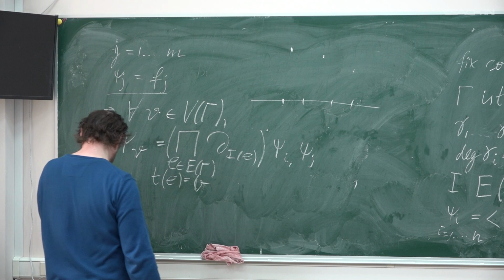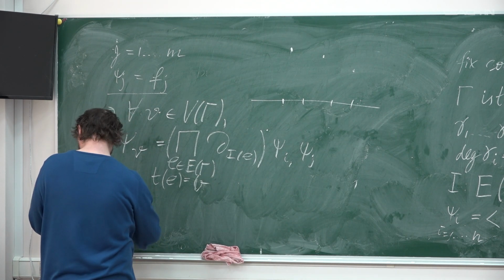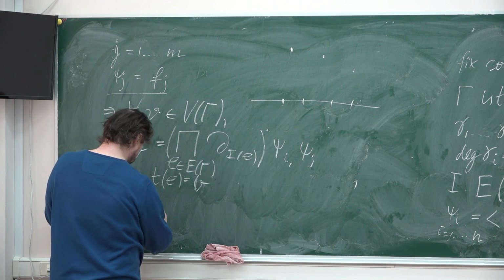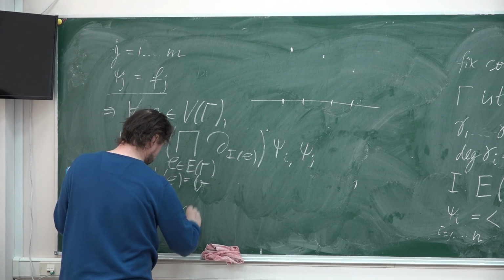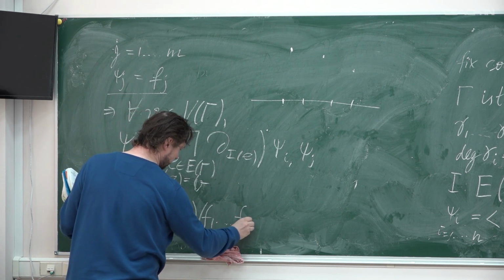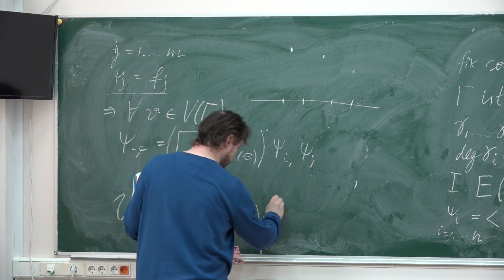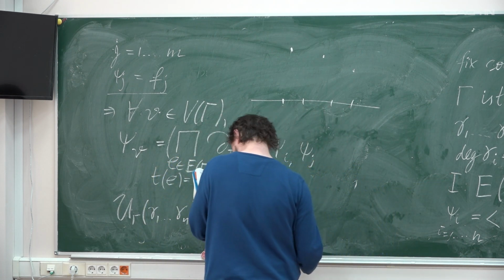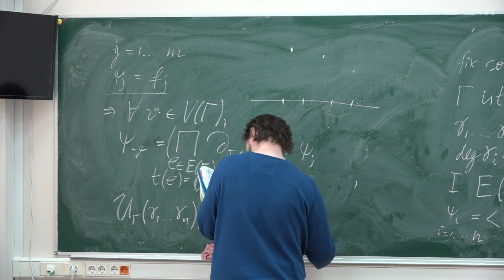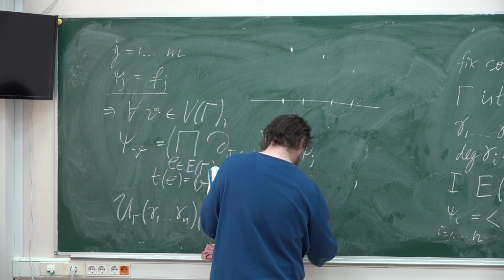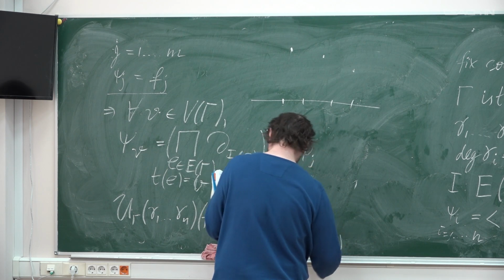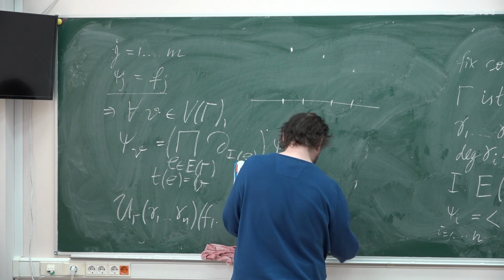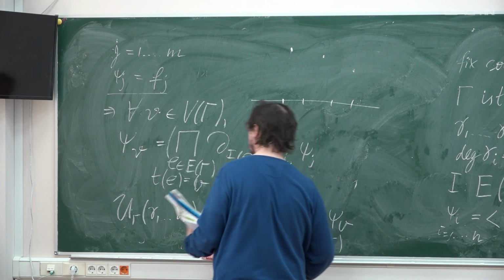So we finally write down U gamma of gamma 1, ..., gamma n applied to f1 through fm equal to the sum over all maps I of this form, of the product for all v in V gamma of this expression psi v.